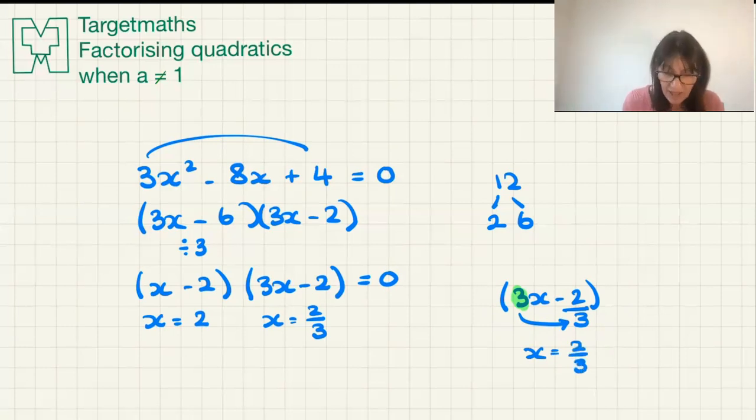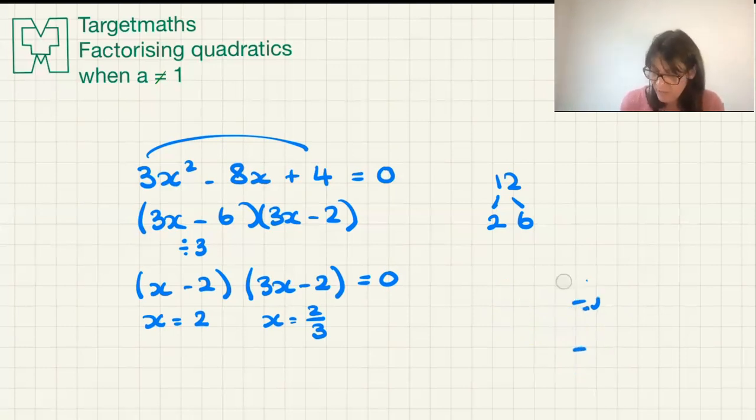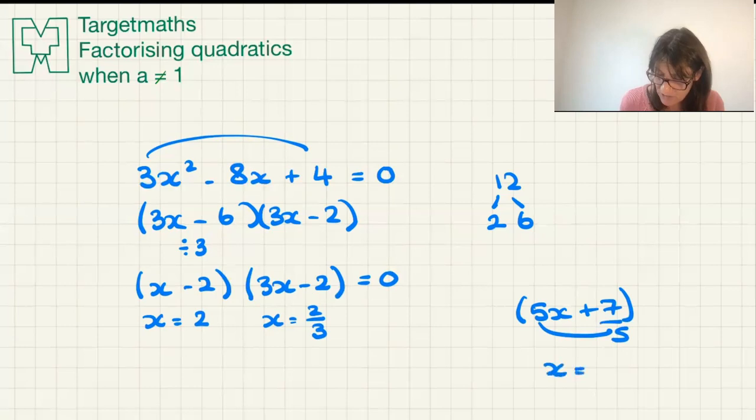That's just a quicker, more efficient way of doing it. So if I had 5x plus 7, let's say, 5 is going to go under there to give me x equals, opposite sign, minus 7 over 5. And we do leave our fractions top heavy. We don't try and mess around with them or put them into decimals. We literally leave it like that, and we will get full marks, okay?